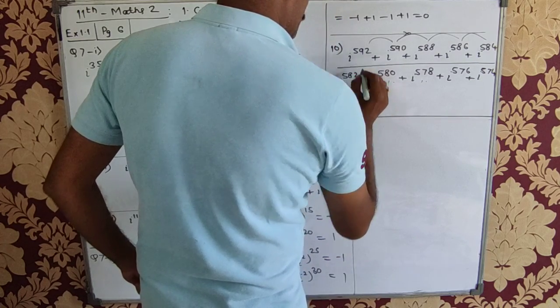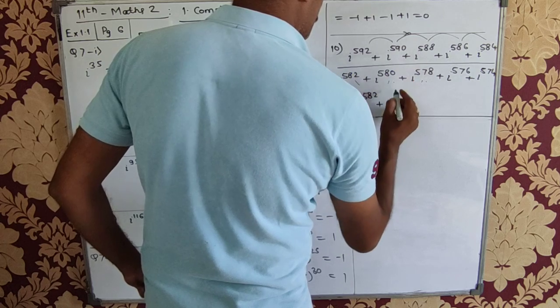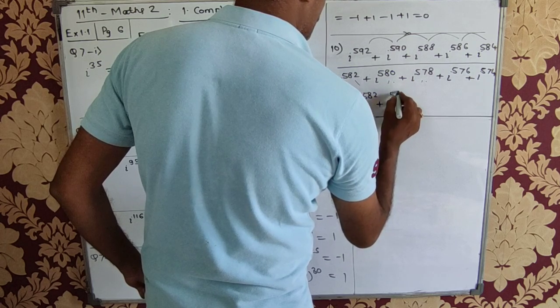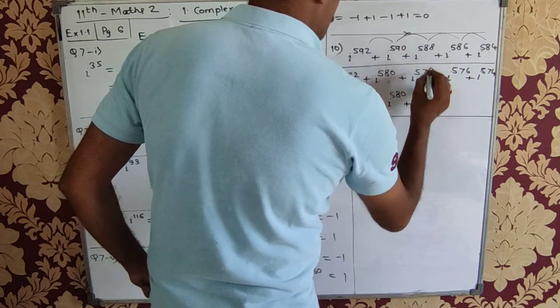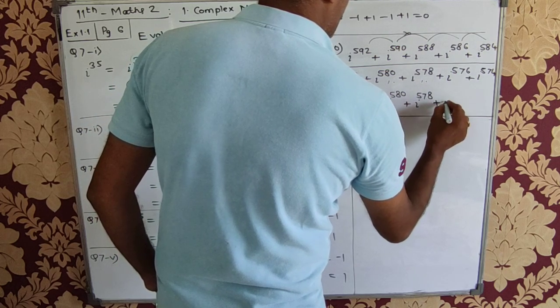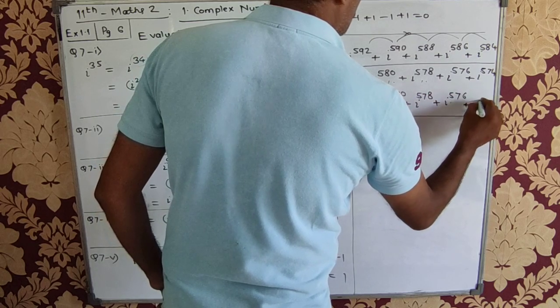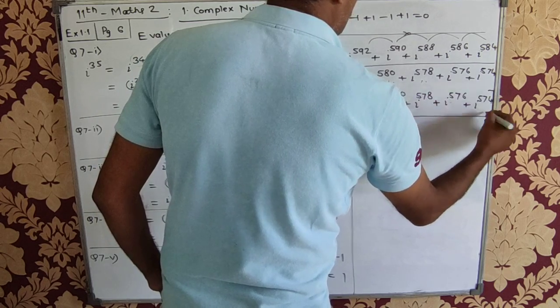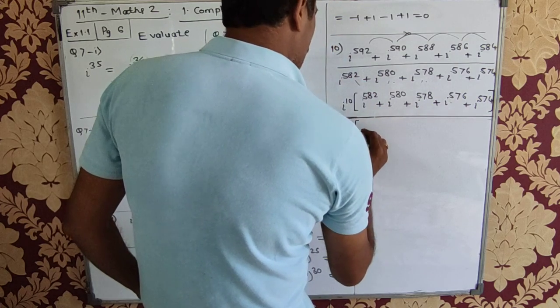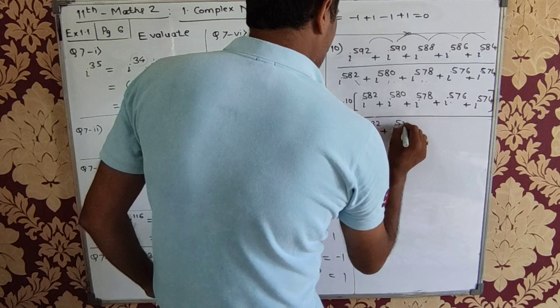This will become i raised to 582 plus i raised to 580 plus i raised to 578 plus i raised to 576 plus i raised to 574, right? Yes, and what will remain below? i raised to 582, i raised to 580 as it is.